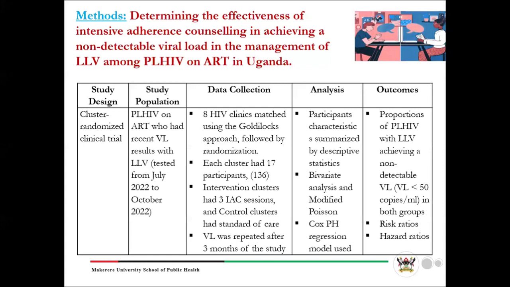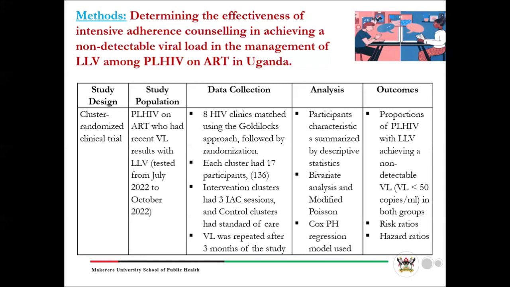And then the study ran for 3 months. The people in the intervention group were offered IAC for 3 months, after which a repeat viral load was done in both groups. After 3 months, in the 4th month, a repeat viral load was done for people in the intervention group and for those in the control group.